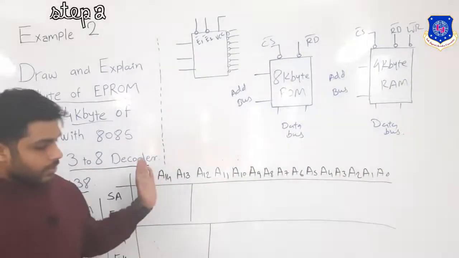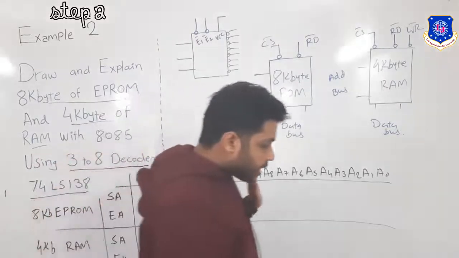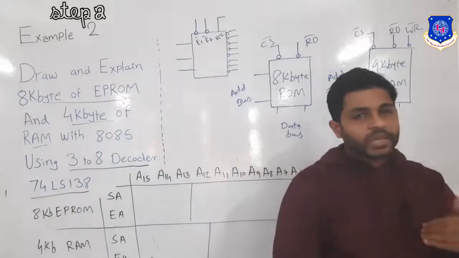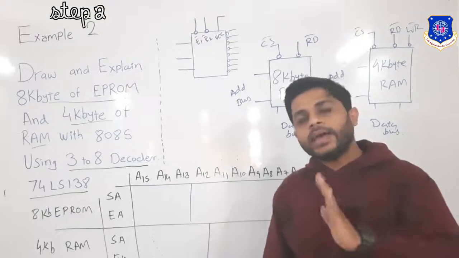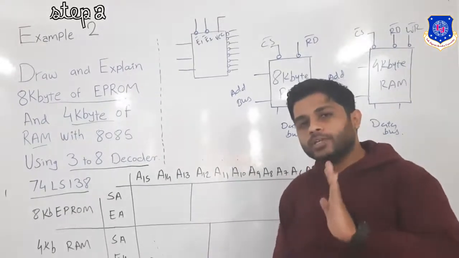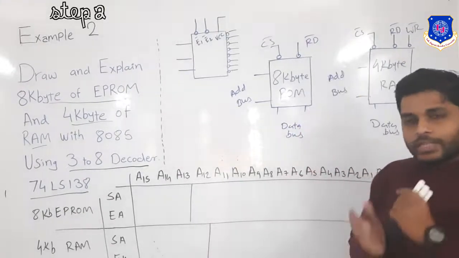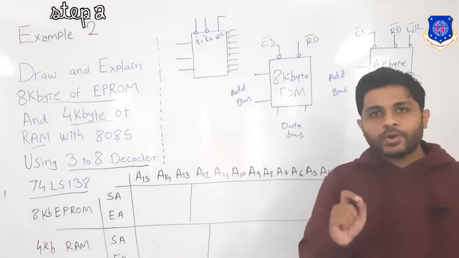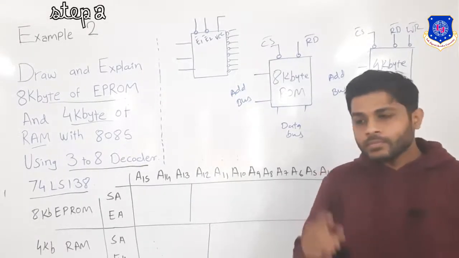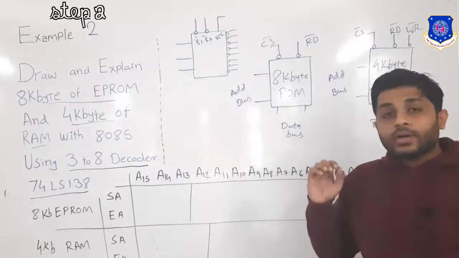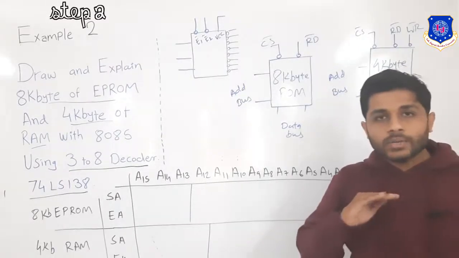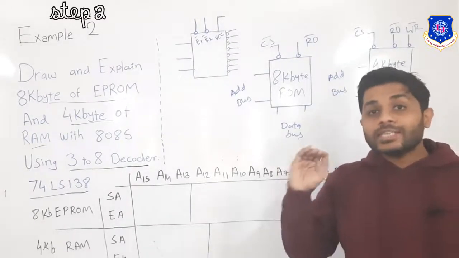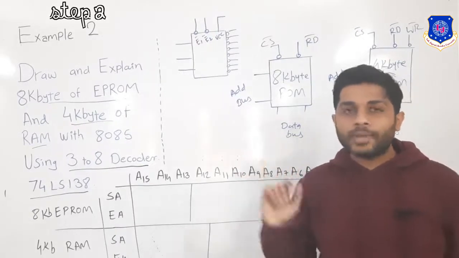After finding the address lines required for a particular chip, we can easily find the starting and the ending address of that chip. To find them, we are going to follow one trick. To find the starting address, we will set all the bits connected to the memory to 0.